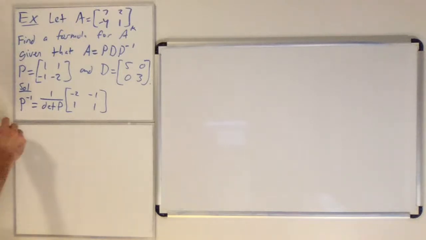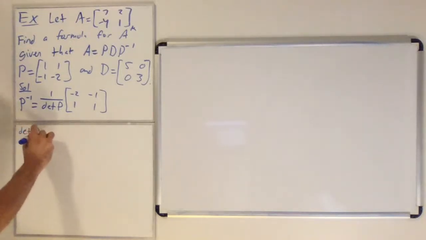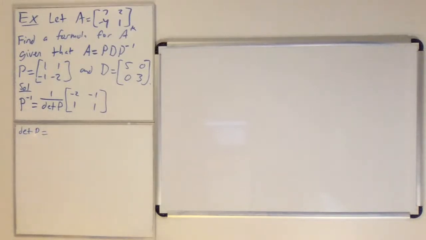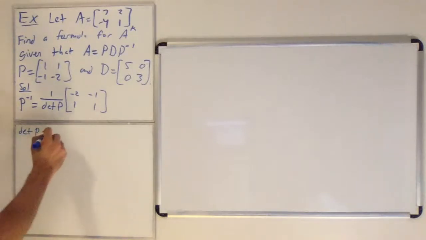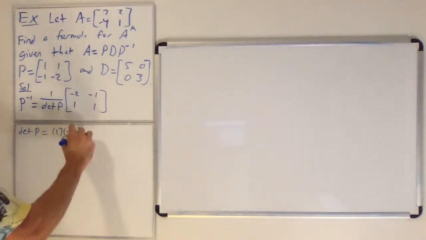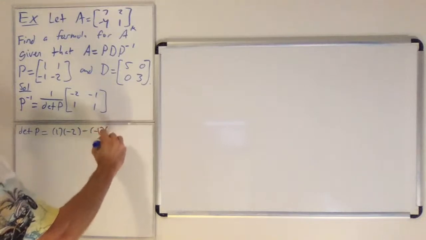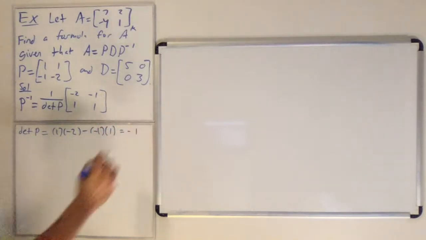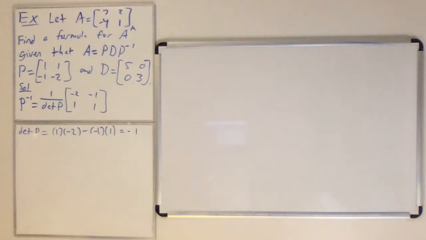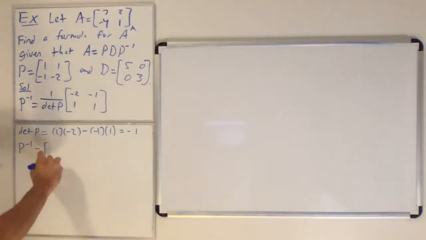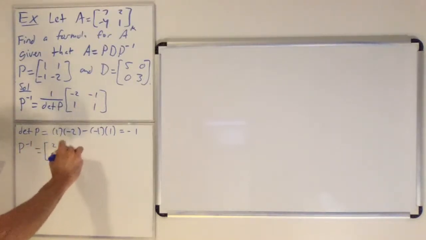And the determinant of P is you multiply down the main diagonal and subtract off when you go to the other diagonal. Right? -2 plus 1 is -1. And so P inverse is 1 over -1 times this matrix. So it's 2, 1, minus 1, minus 1.